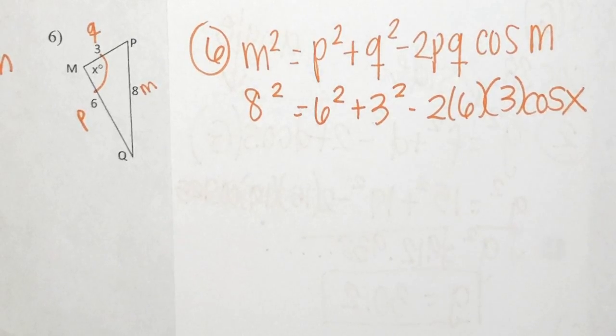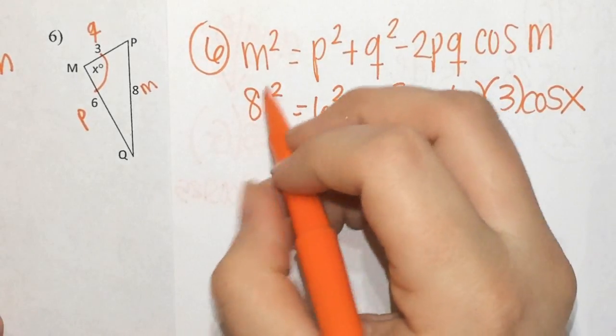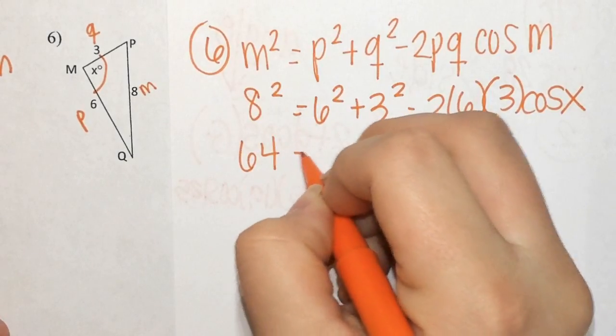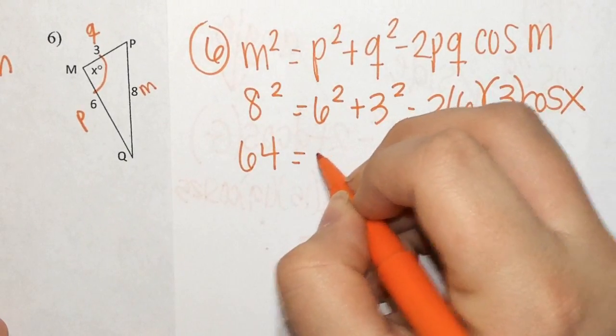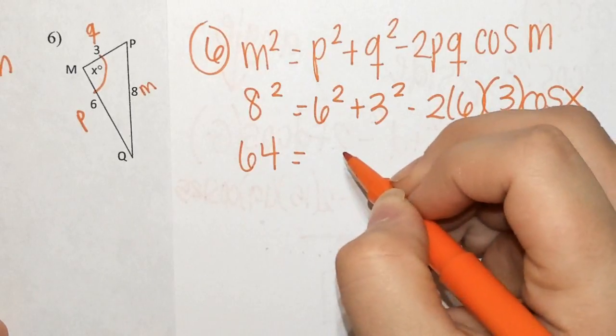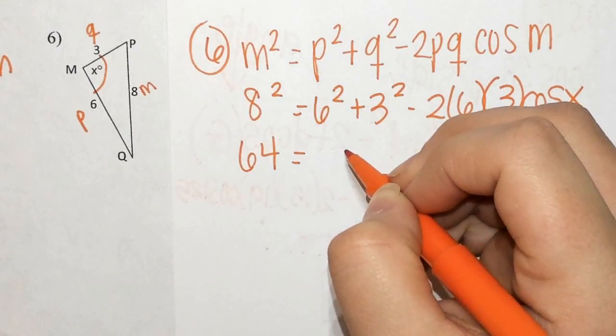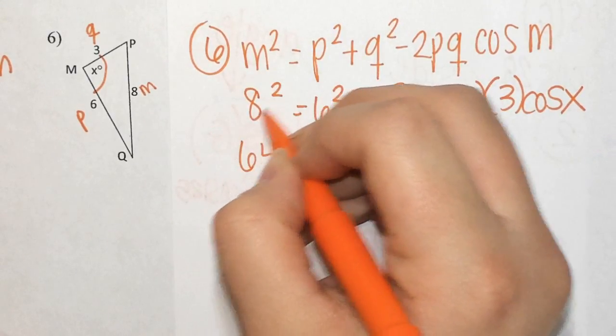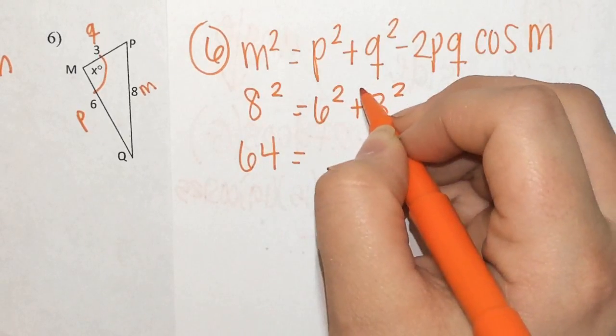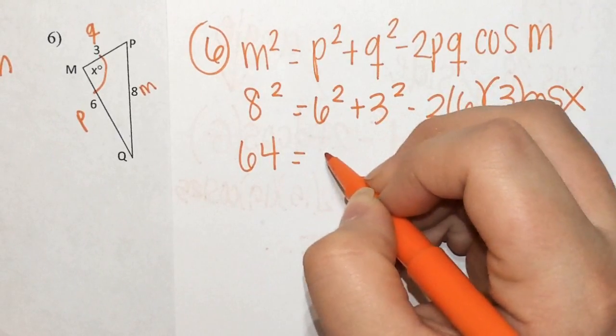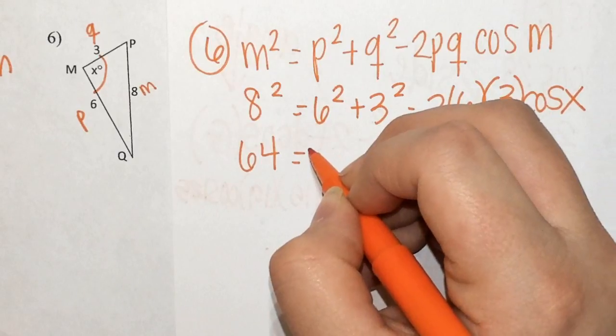Alright, y'all shouldn't need a calculator for most of this. What's 8 squared? 64. 6 squared, 36. 6 times 6 is 36. You're right.